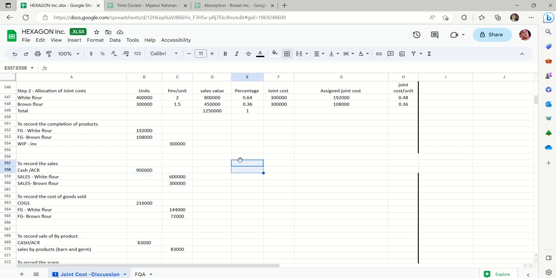So I'm going to show you here. White and brown. White flour, you had 300,000 units, and brown flour, you sold in pounds.